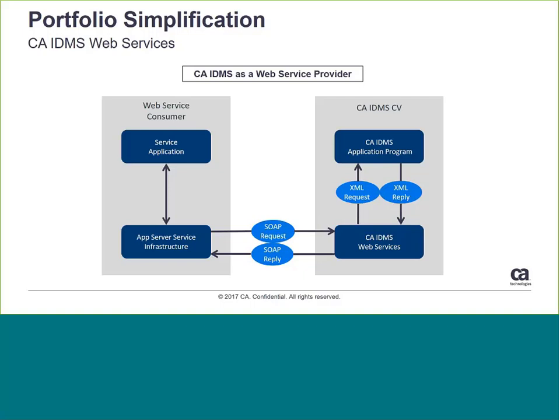IDMS Web Services will extract the SOAP headers and turn the payload, whatever format it is, whether it's XML or JSON or just clear text. It really doesn't matter from the point of view of the application program. And then that program can process the request and send the reply back to the web services interface, which returns it to the application. Okay, next slide.